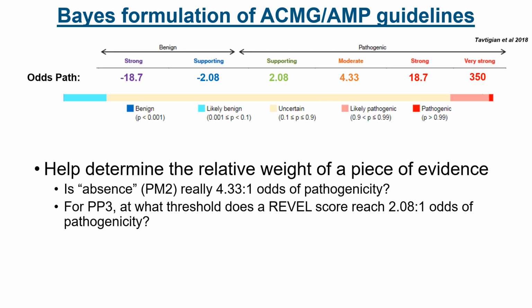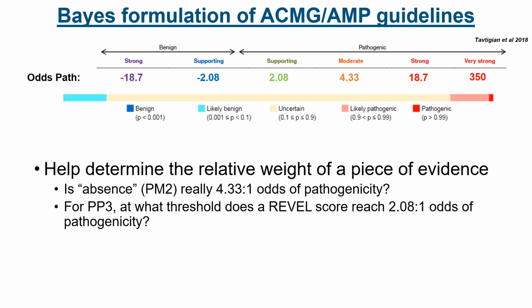What he did was look at the thresholds for each classification level, so pathogenic having a probability of disease of 99%, likely pathogenic at 90%, and then looked at the combining rules in the framework and was able then to back calculate what is the odds of pathogenicity at each strength level. So for example, a pathogenic supporting piece of evidence came out to be at about 2-to-1 odds of pathogenicity, moderate at about 4-to-1 odds.